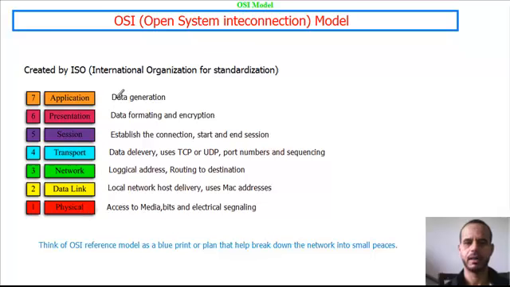So let's define what is the application layer. Okay, first of all, the application layer is everything that the user interacts with, like web browsers, for instance. And in the application layer, the data is generated, right? If you open a web browser and request some data from a web server on the internet, that's the application, and it also defines the authentication.